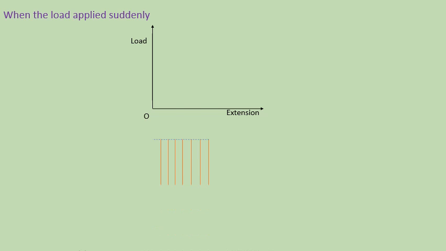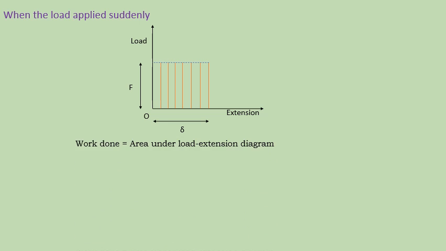So therefore, the graph becomes like this because we are applying the sudden load. To find the work done, let us consider the same diagram, because the area under this diagram gives the work done due to the suddenly applied load.